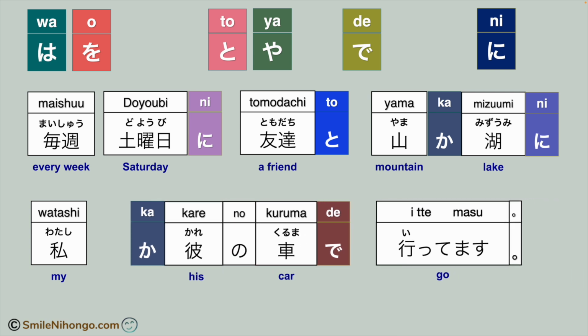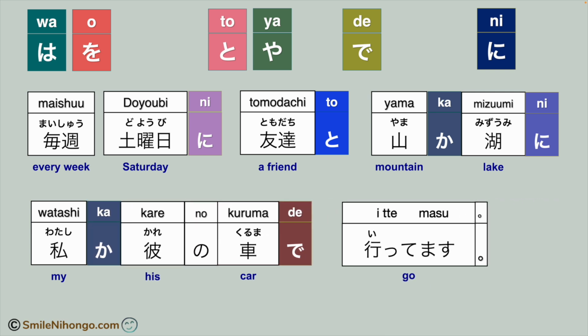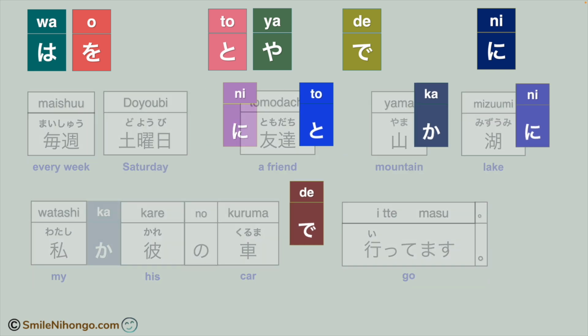Of course, it's okay to leave it there too. 毎週土曜日に友達と山か湖に私か彼の車で行ってます。どうでしたか？How was today's lesson?